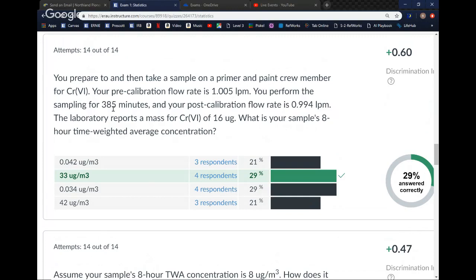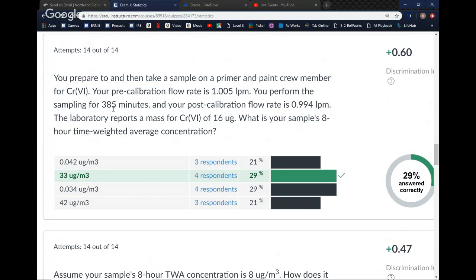And our post, I know the information isn't in this order, is 0.994 liters per minute. We have a sampling time of 385 minutes.